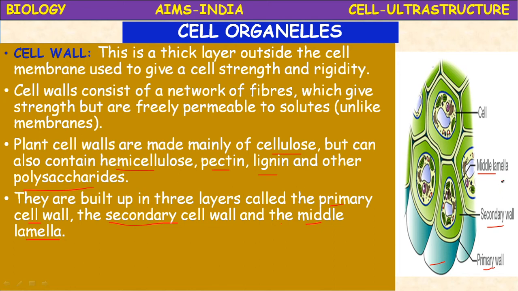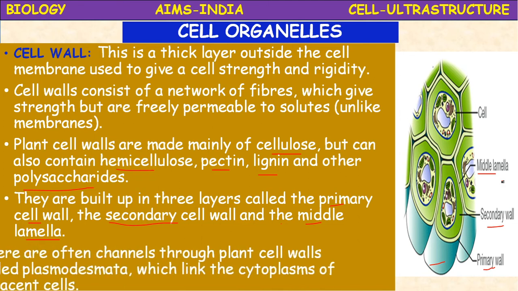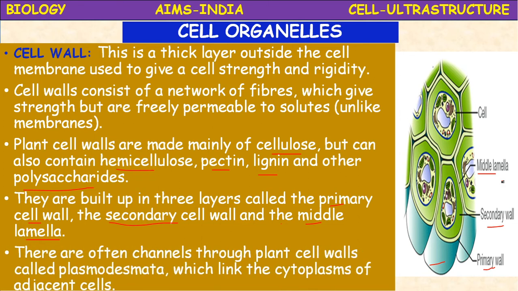Next, it is found in plants, bacteria, fungi, and algae. Animals and most protists do not have cell walls. There are often channels through plant cell walls called plasmodesmata. These lines are called the plasmodesmata.